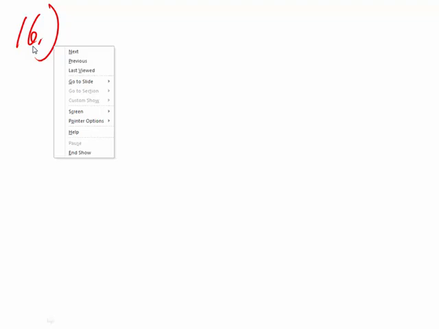Let's go to a clean slide. So number 16. Now, if you notice, at the end of the chapter, in the back of the book, in the appendix, are all the odd numbered answers to all the problems.